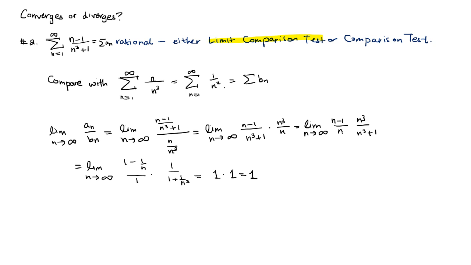Okay. And now we think back to the conclusion of the limit comparison test. As long as we get a number that is greater than 0 and less than infinity, 1 over n squared and n minus 1 over n cubed plus 1 either both converge or both diverge.